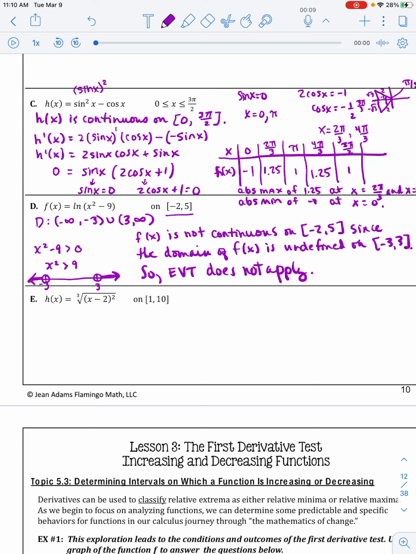And then for part E, if I'm thinking about this, I can look at this in my calculator just to make sure, and when I look at this function, h of x is continuous for all reals.